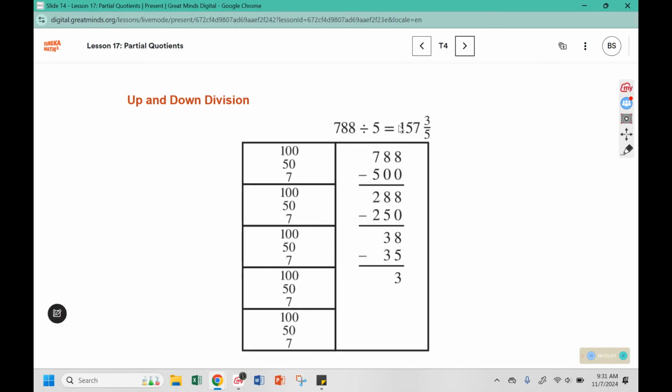So 157 and 3/5. I did 157, and then I have 3/5 of a pencil left.